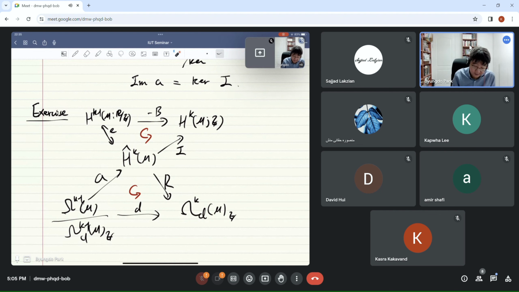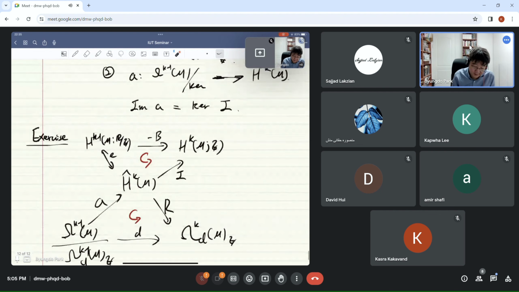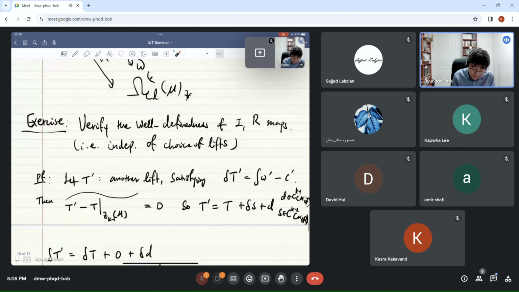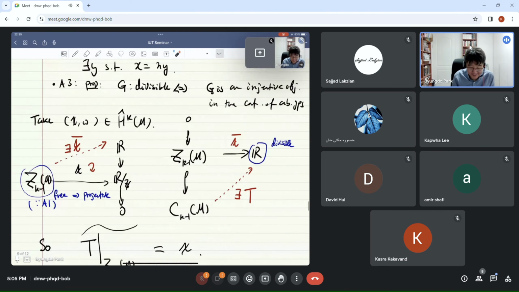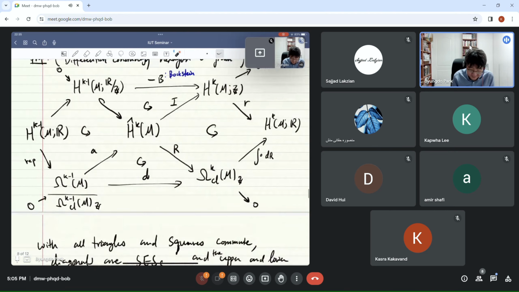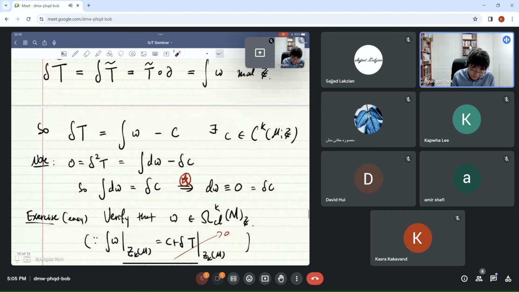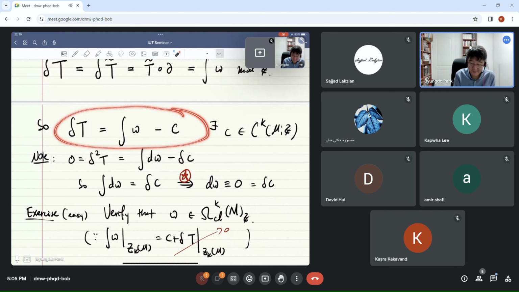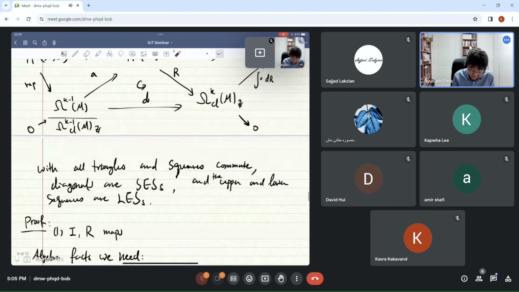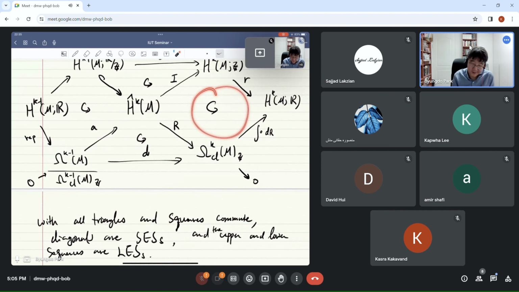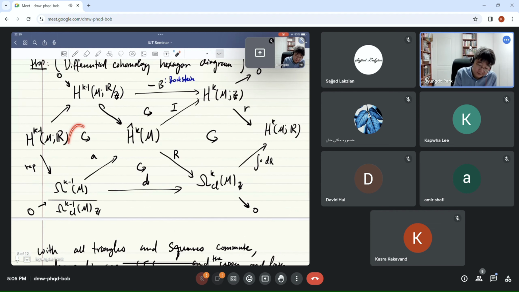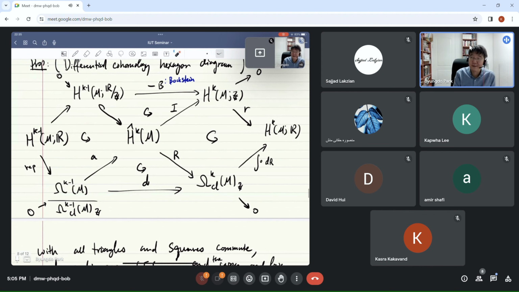And then for the squares commuting, I wouldn't even put that as an exercise because it's very easy. Because I think this equation itself would mean that this right square commutes, and these squares commuting is almost tautology.